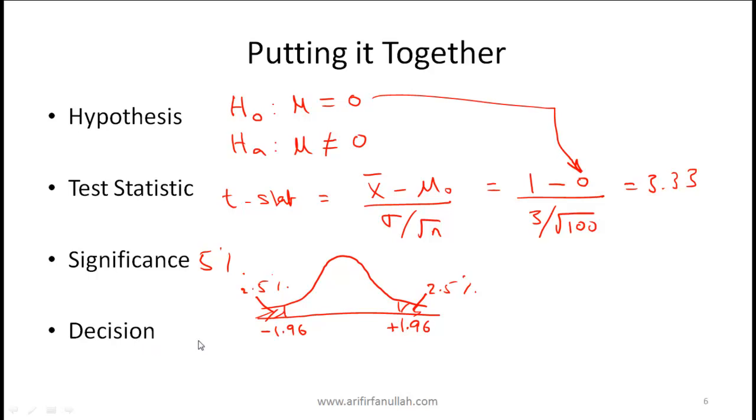Then the decision was based on the fact that 3.33 fell in this region where we can reject the null hypothesis. Had the test statistic been between minus 1.96 and plus 1.96, then we would not have been able to reject the null hypothesis.